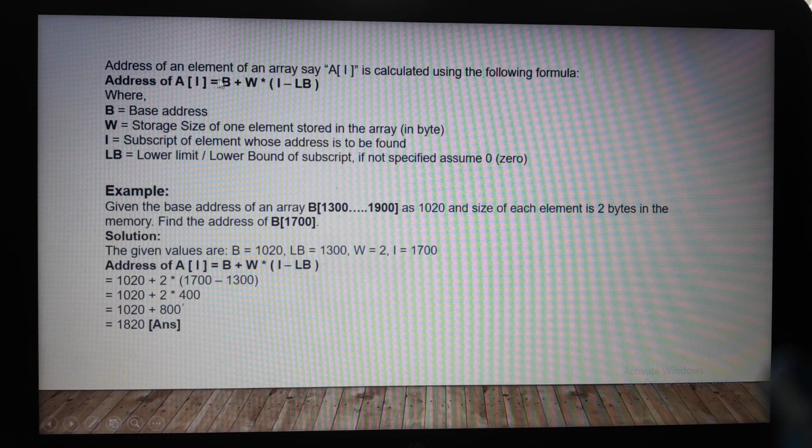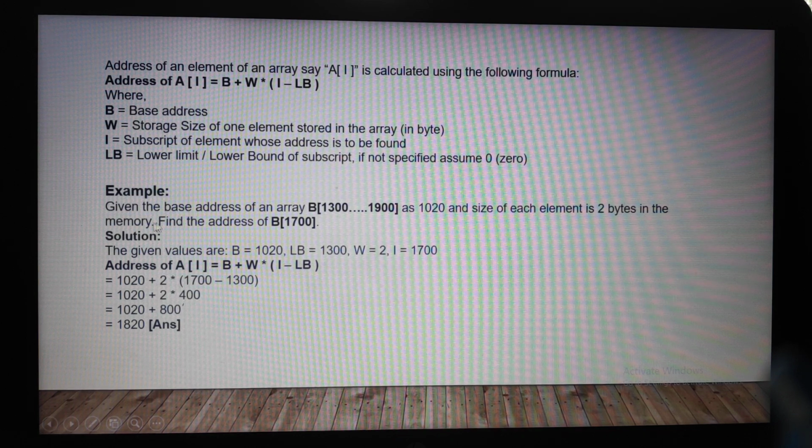Here b is the base address, w is the byte size or width of each element, i is the subscript of the element whose address is to be found, and lb is the lower limit. If the lower limit is not mentioned in the question, then we assume it as 0.